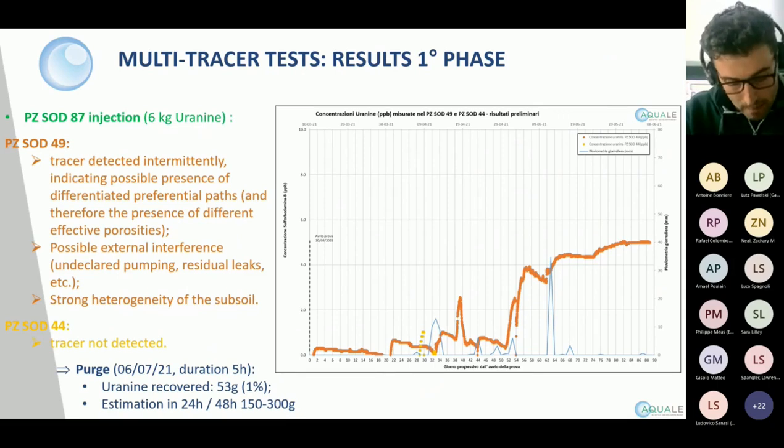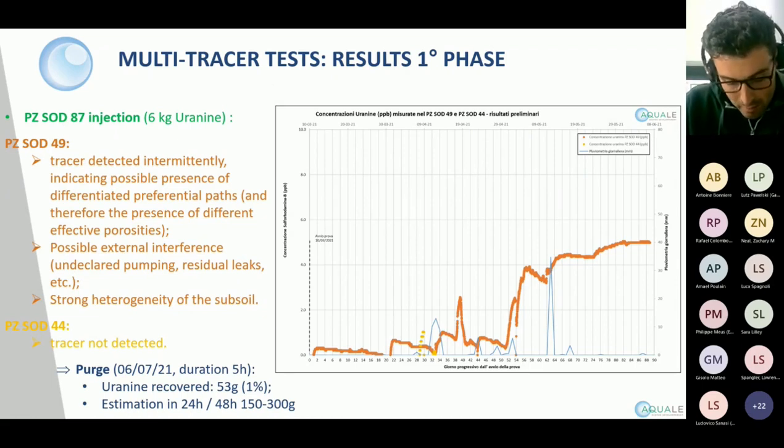In general, it is important to remember that we did the purging activity, as we mentioned in the previous slides. And in general, it is important to remember that the tracer masses recovered in 24 or 48 hours are only estimated, and so are poorly indicative.